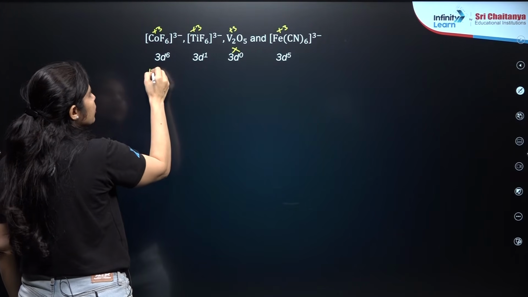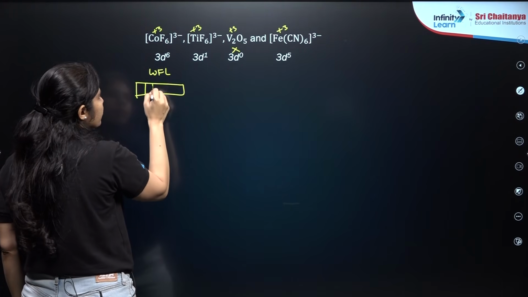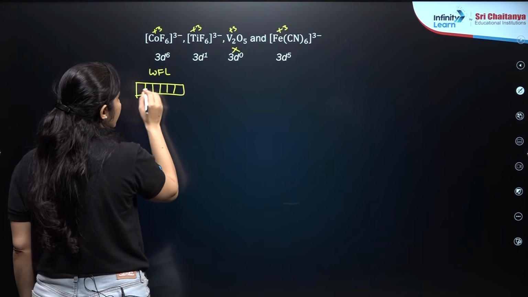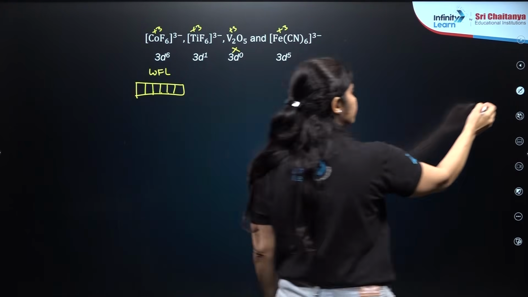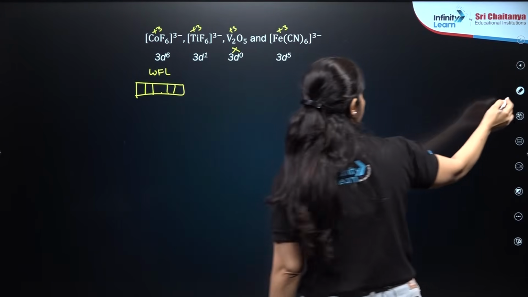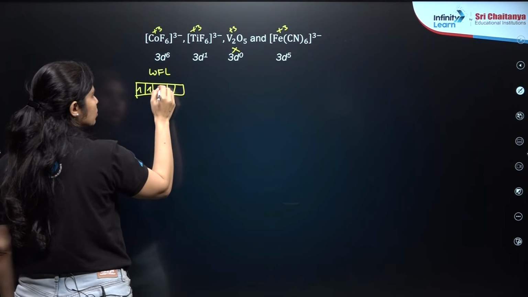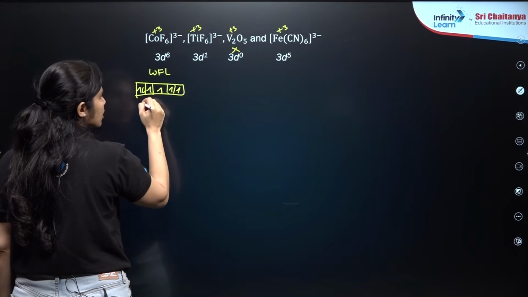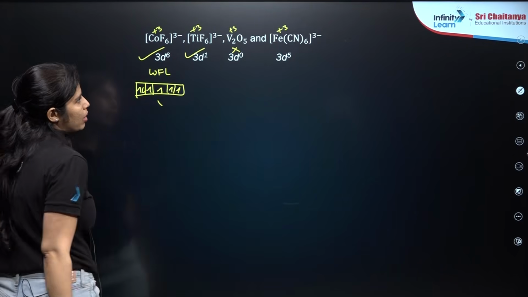For this one, it is a weak field ligand, right? If it is a weak field ligand, we put the electrons in the d orbitals: 1, 2, 3, 4. I think I put one extra. Okay, let's see. 6 electrons, 1, 2, 3, 4, 5, 6. 4 unpaired electrons, so paramagnetic. 1 unpaired electron, paramagnetic.